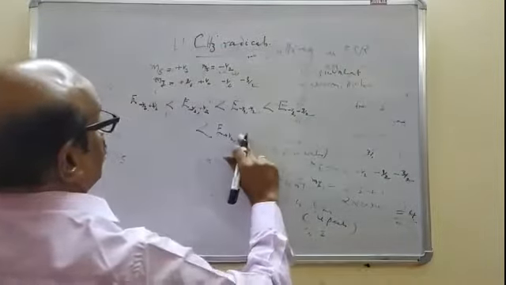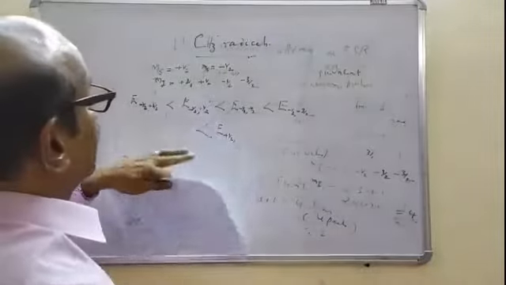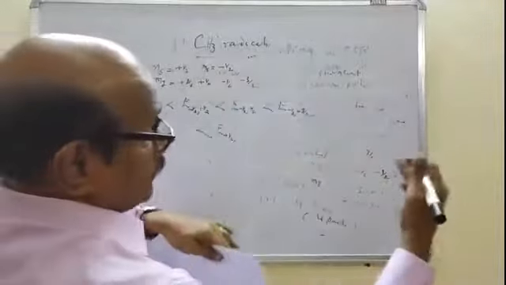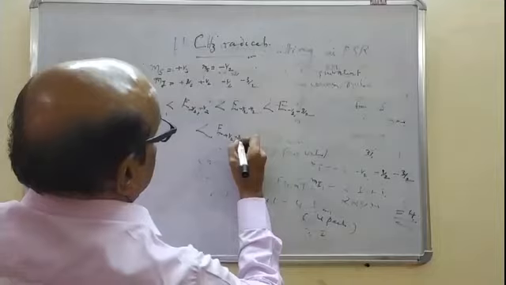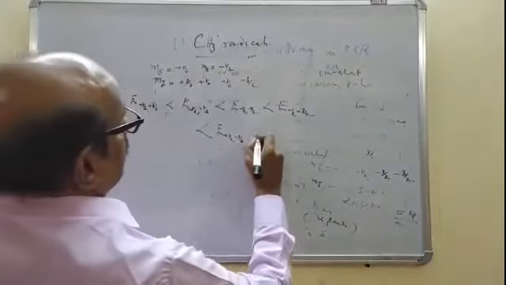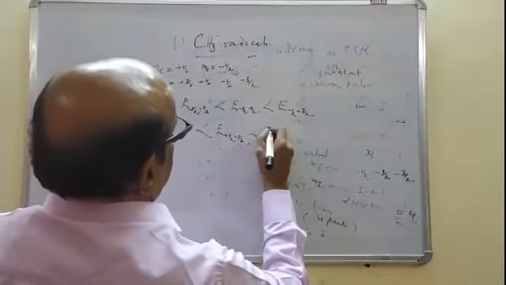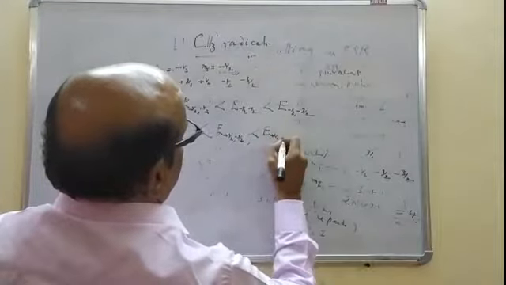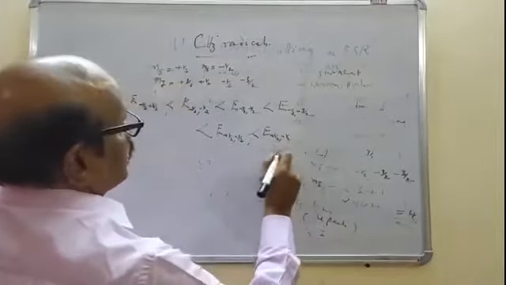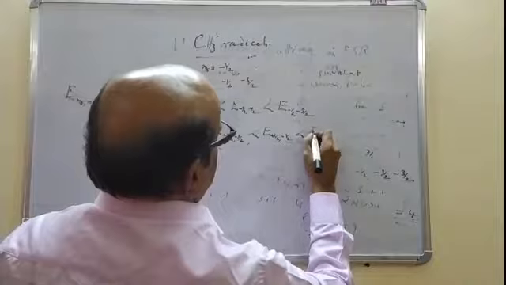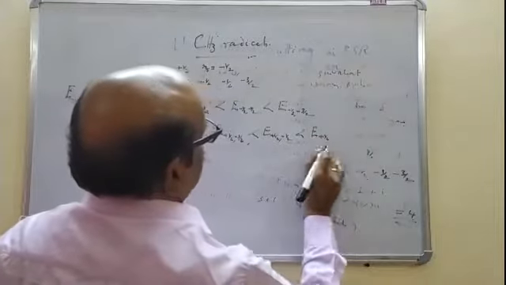Okay, sorry, if it is plus 3 by 2, then next we have to take the energy level minus 3 by 2. Minus 3 by 2, then lesser than E plus half, minus half, then lesser than E plus half, plus half.